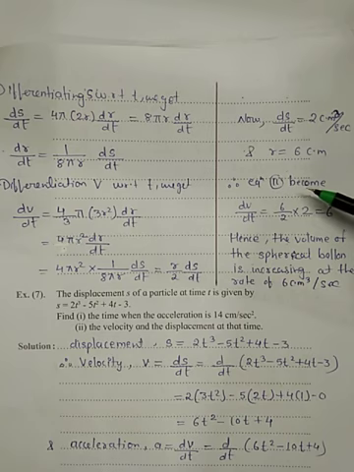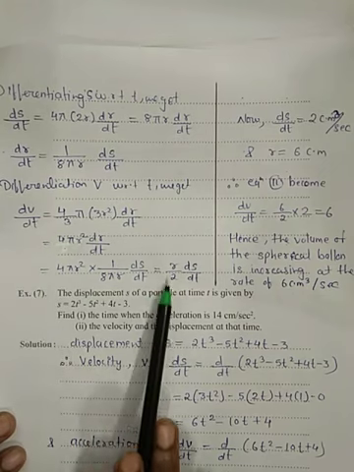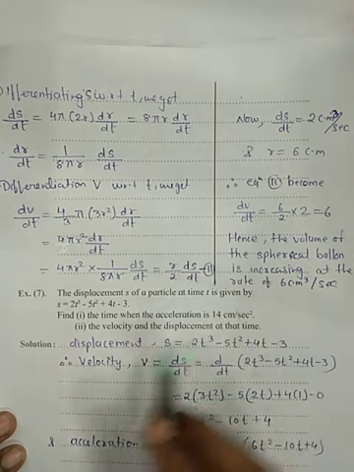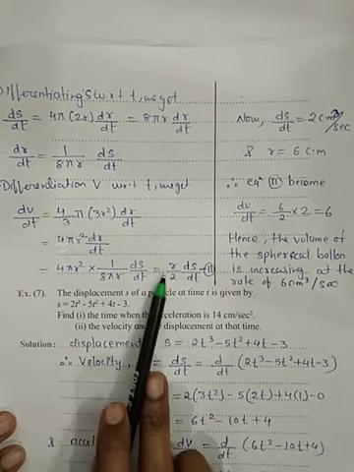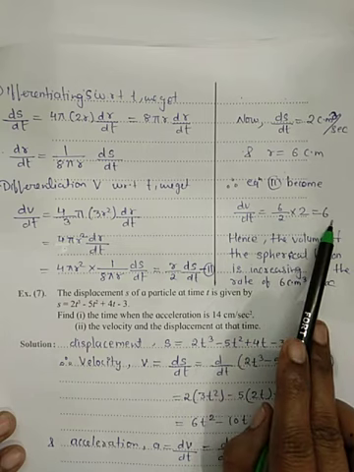Therefore this equation 2 will become, what will it become? Where is equation 2? This is dV by dt equal to r upon 2 dS by dt. This is our equation number 2. This will become dV by dt equal to r, which is 6 by 2, dS by dt is 2. 2 to cancel, answer is 6.